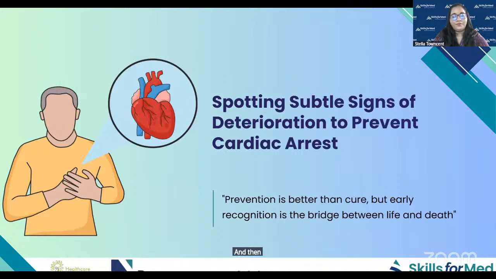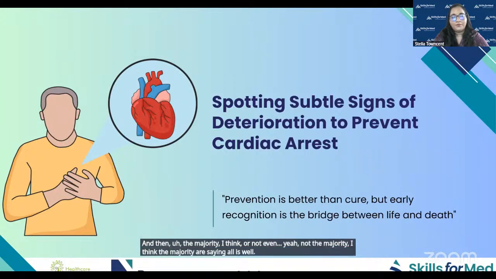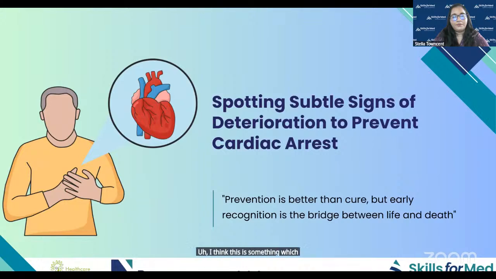And then the majority, I think, are saying all is well. I think this is something which we want to tell ourselves. We don't want the bad things to happen, so that's the natural response. Life won't come again is 24 and ready to fight is 28.